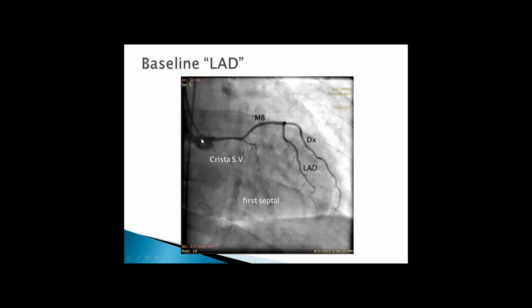The left anterior descending comes next to the right and goes inside the crista supraventricularis in the right ventricle, and then it becomes intramyocardial, with mild systolic compression at this level, to become epicardial only at the level of the origin of the diagonal.